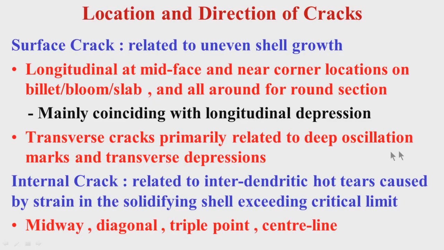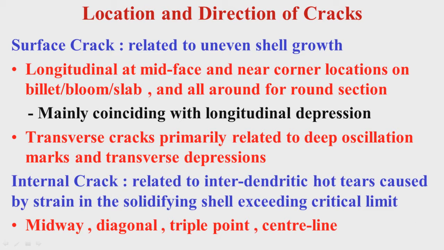If you have deep oscillation marks, then sometimes beneath them there can be transverse cracks, and if there are transverse depressions, there also can be transverse cracks just below those depressions. So at the surface there can be different defects and quality issues.